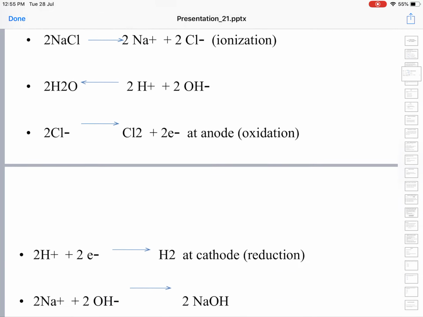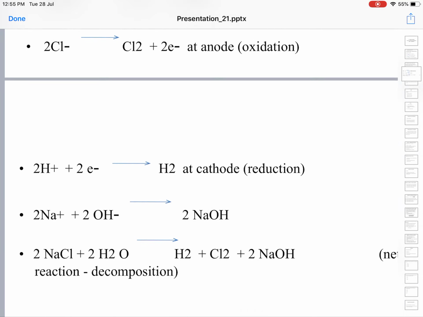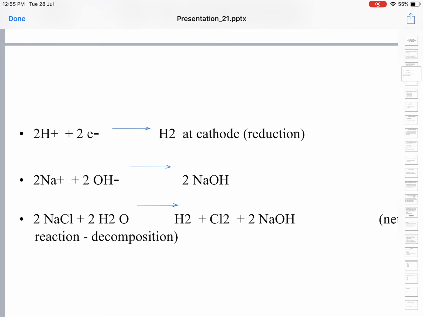Likewise, at the cathode there is competition between sodium ions and H plus ions. Both go to the cathode, and both want to get discharged. The discharge potential of hydrogen ions is far less than that of sodium ions, so they are liberated at a lower potential.